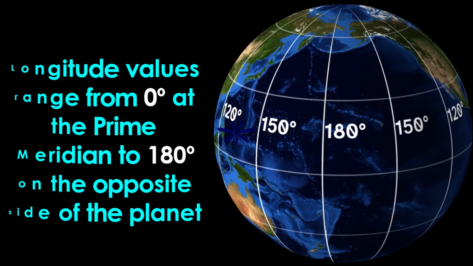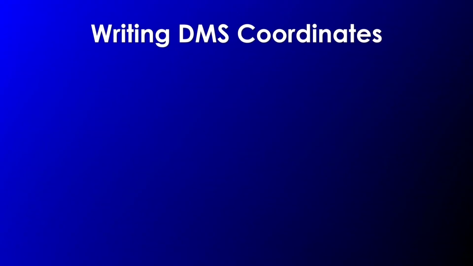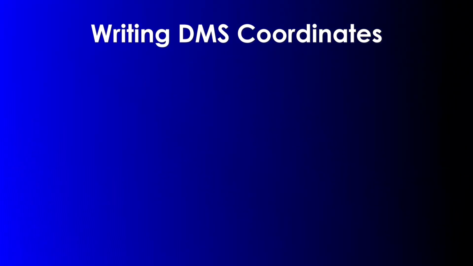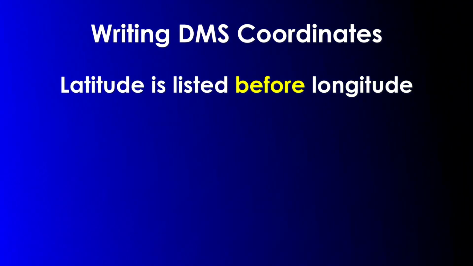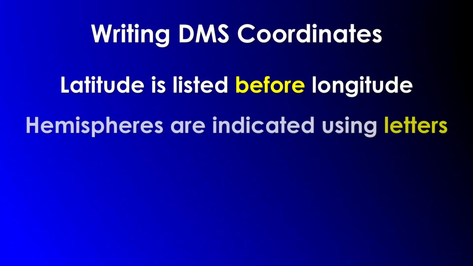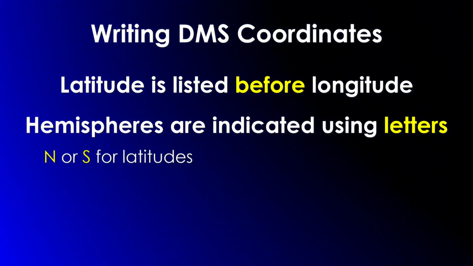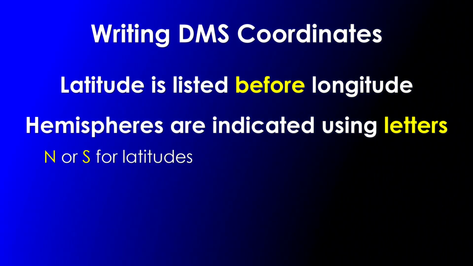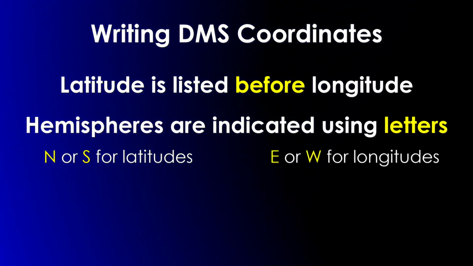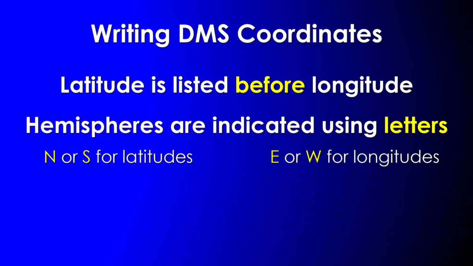When writing DMS coordinates, there are several important conventions to keep in mind. First, latitude is always listed before longitude. Second, we indicate the hemisphere of the coordinate position using letters, N or S for latitudes that are north or south of the equator, and E or W for longitudes that are east or west of the prime meridian.